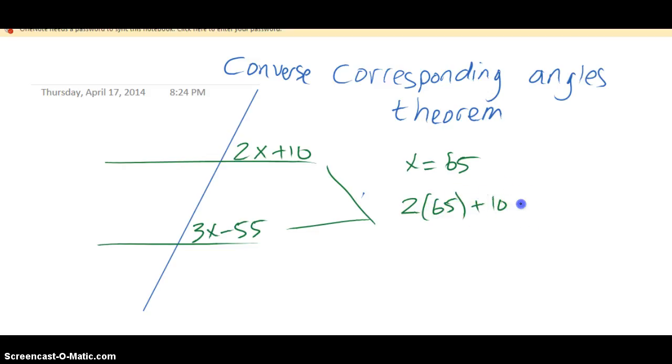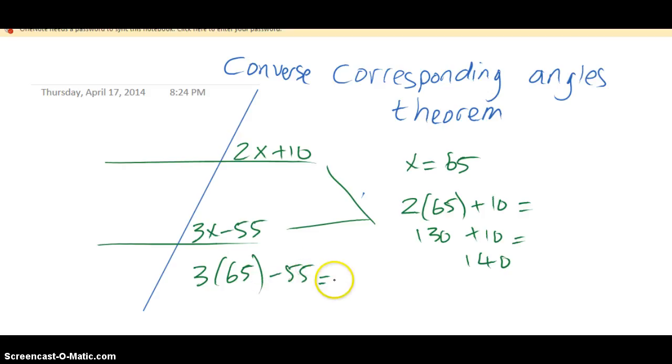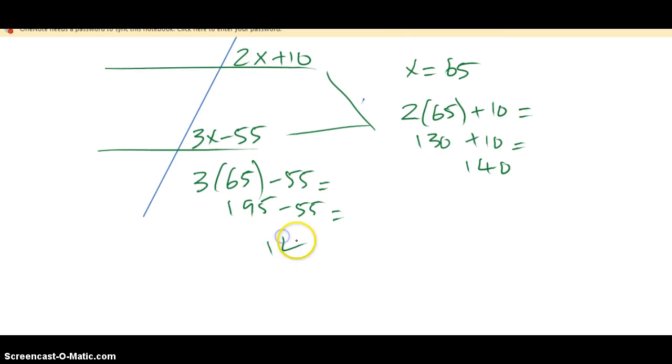that's going to equal, well, 2 times 65 is 130 plus 10, that's going to equal 140. Now let's do the same thing with 3x minus 55. 3 times 65 is 195, and 195 minus 55 is going to give us 140.